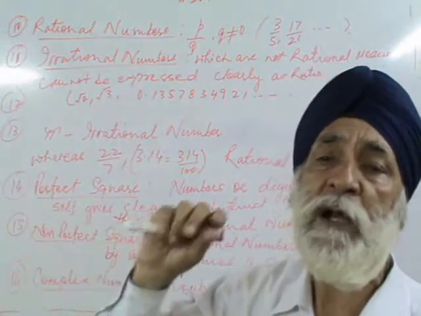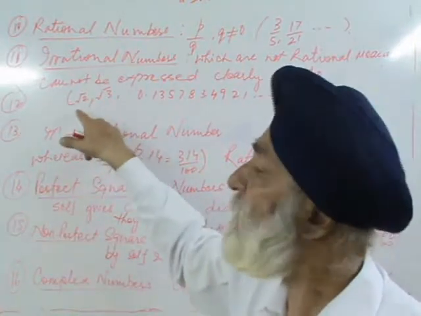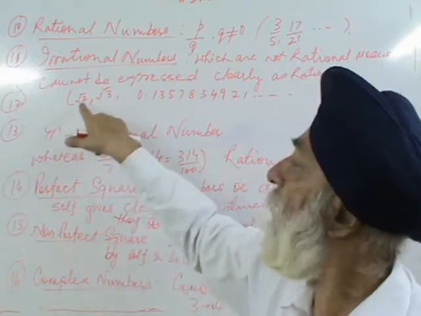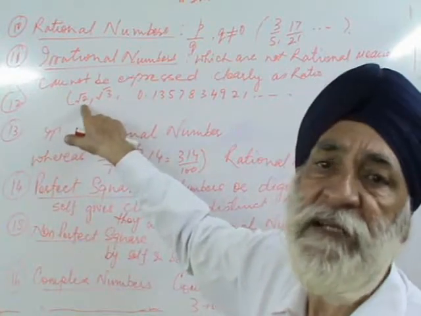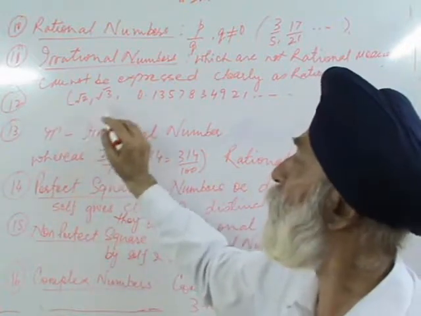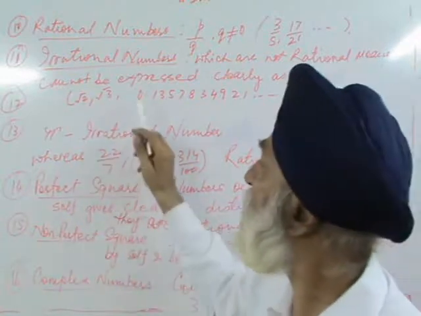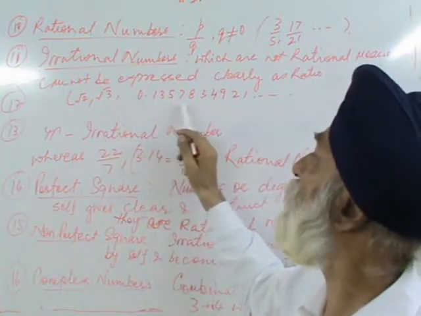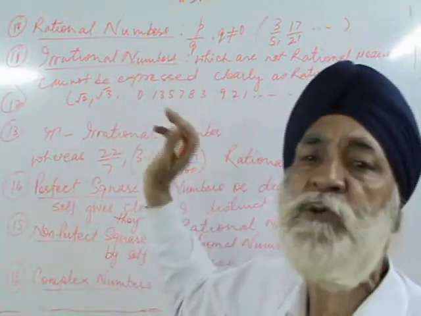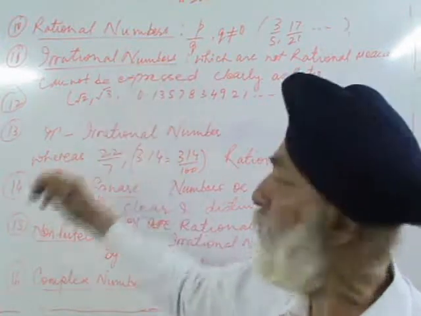It means the result achieved by multiplying some number with itself and getting a perfect integer or a perfect number. So root 2, root 3 or any decimal form like 0.12357, something which is unending and you still go on dividing it, so it cannot be expressed as a ratio.